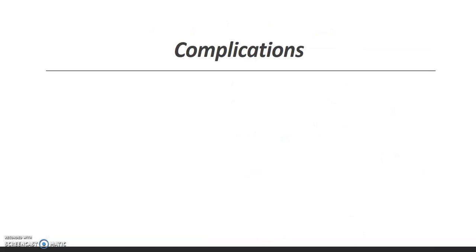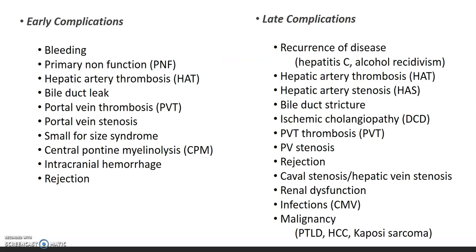Let's talk about some complications which are related to this procedure. The complications can be divided into two main categories, early and late. Early complications happen in first several days to a couple months, and late complications can happen after 3 months in these patients.